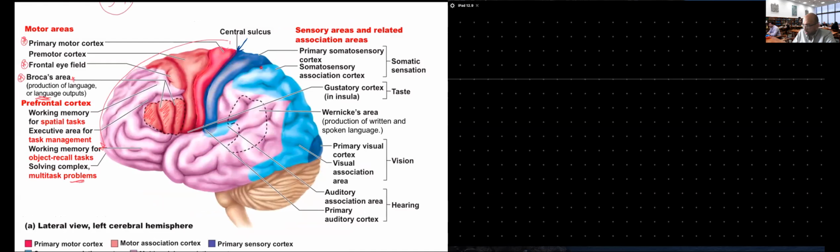Just next to it, we've got the somatosensory association cortex. And remember, association cortex are the brain areas that are going to be responsible for the interpretation of the sensation.